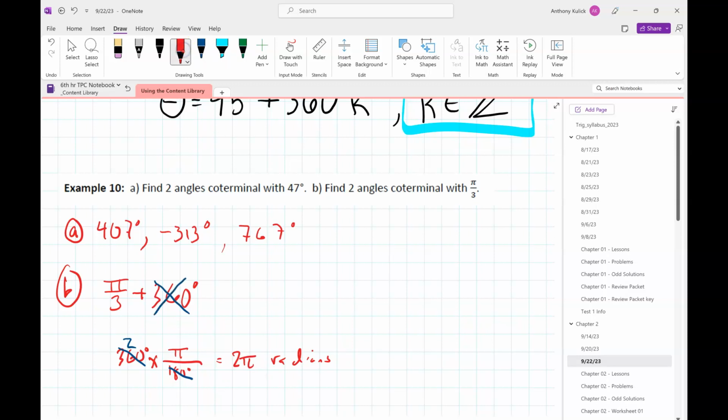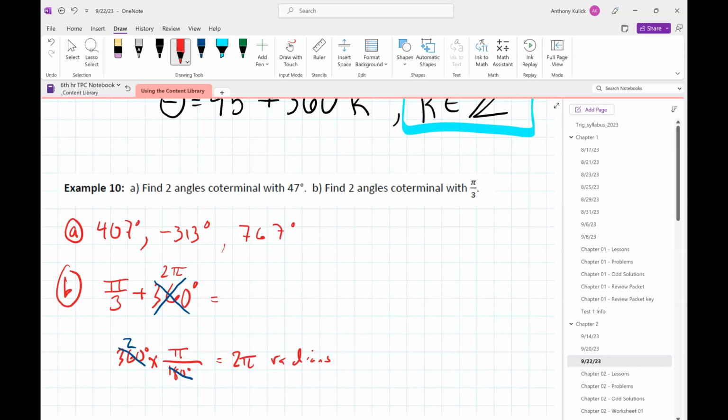So I'm going to just update my thinking about coterminals to be I add or subtract 360 or 2 pi, which is the same as 360, right? To add pi over 3 and 2 pi, what do I need to do? Make a common denominator. Yes.